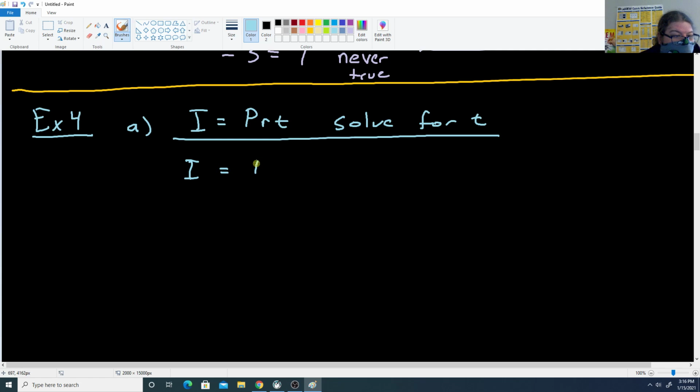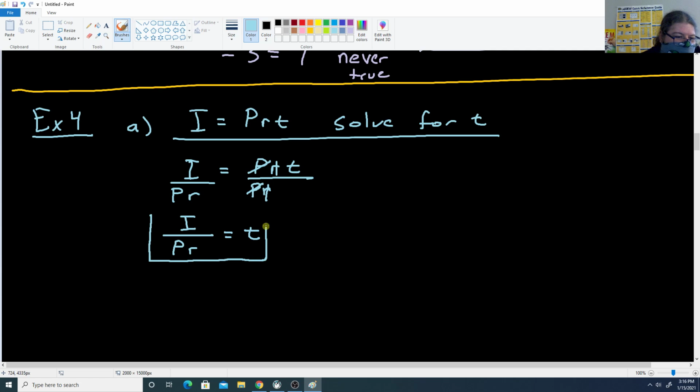P and R are multiplied to T, so we need to divide by those variables to move them across the equal sign. When we do that, the P's cancel, the R's cancel, and now we get I divided by P times R is equal to T, and our T is isolated, so we have the equation solved for T.